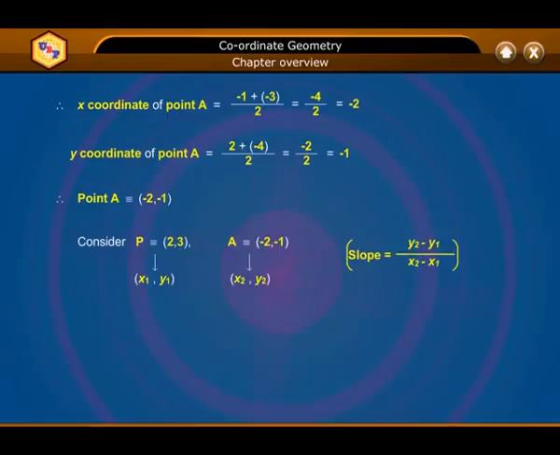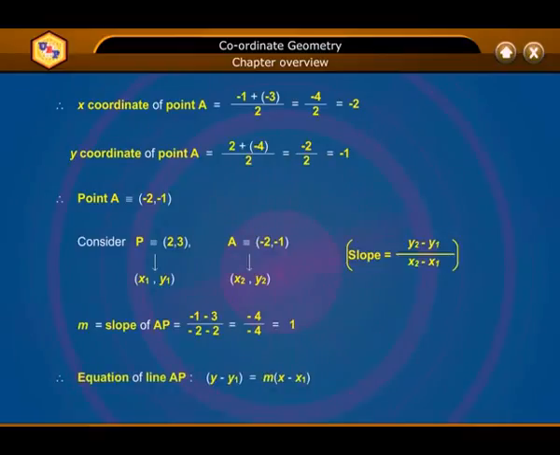Consider P is equal to (2, 3) and A is equal to (minus 2, minus 1). Slope is equal to (y2 minus y1) by (x2 minus x1). m is equal to the slope of AP, which is (minus 1 minus 3) by (minus 2 minus 2), equal to minus 4 by minus 4, equal to 1.